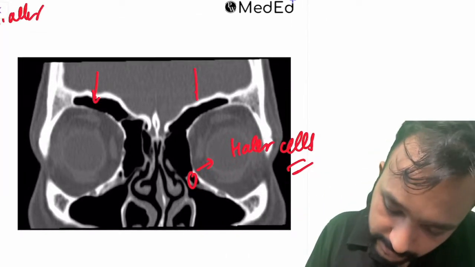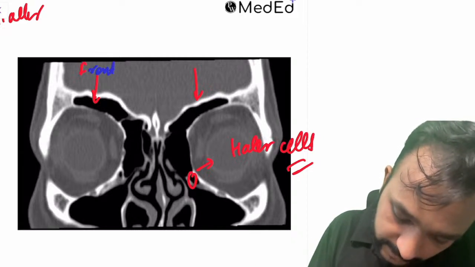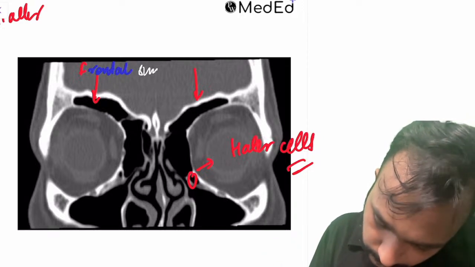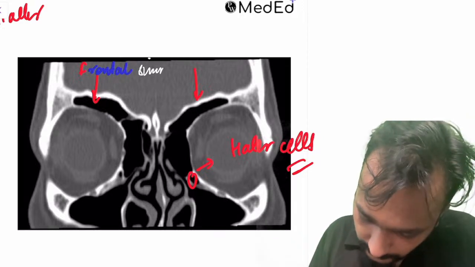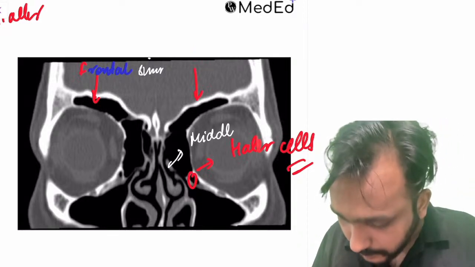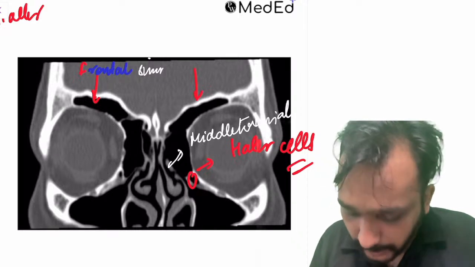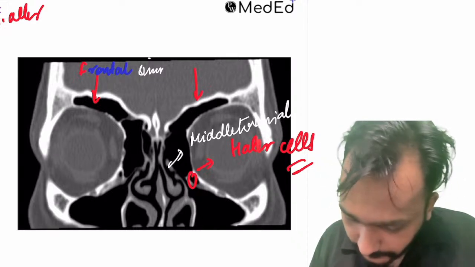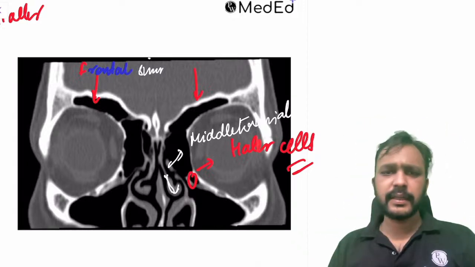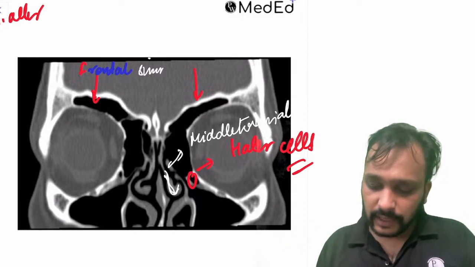So this is your frontal sinus, which you can see. Then you have your middle turbinate. Normally this middle turbinate has a curvature that is facing outwards.